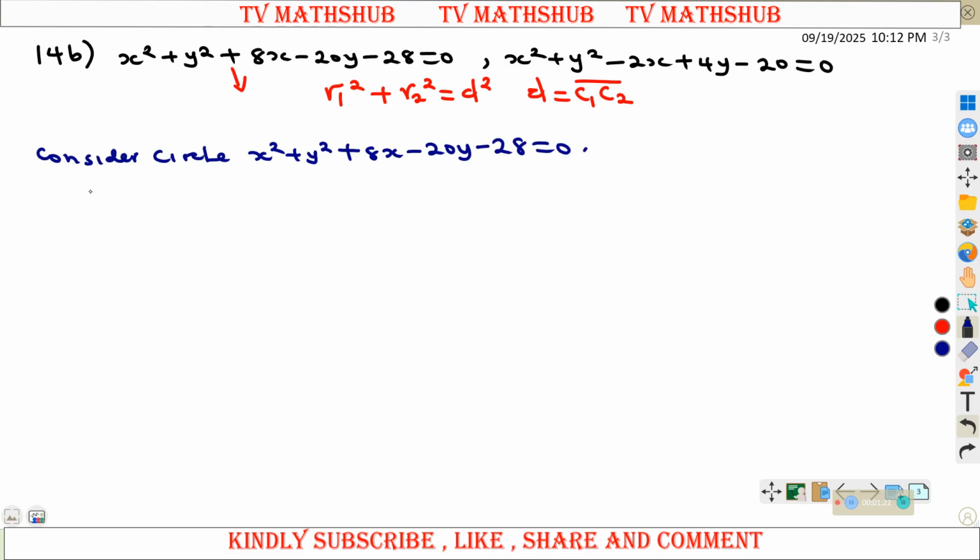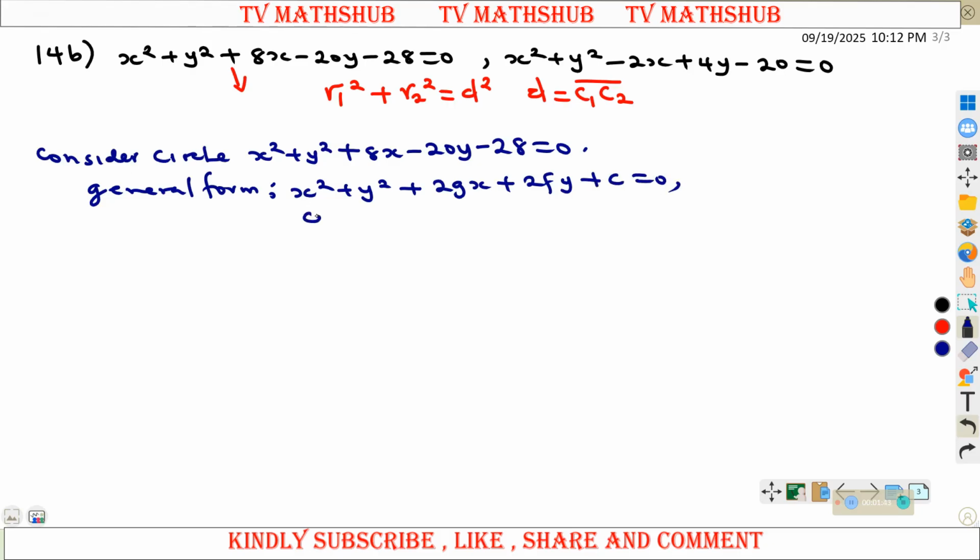So we need to recall that the general equation of the circle is given by x squared plus y squared plus 2gx plus 2fy plus c, which is equal to 0. And the center of such a circle is given by negative g, negative f.